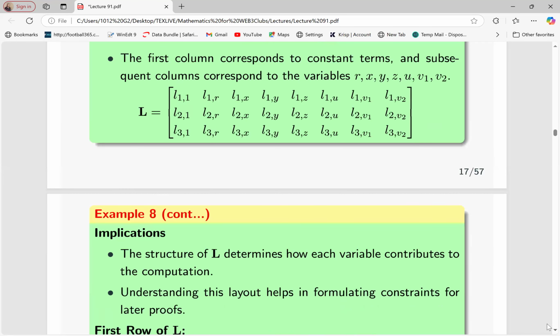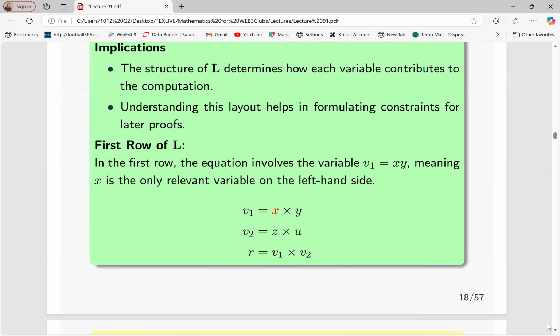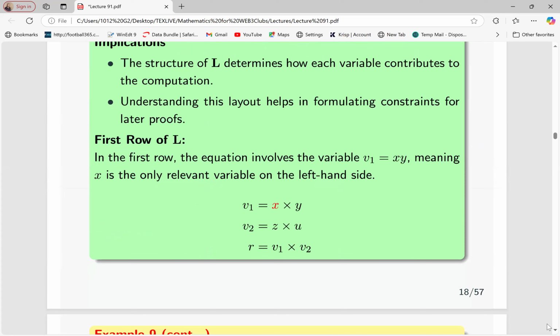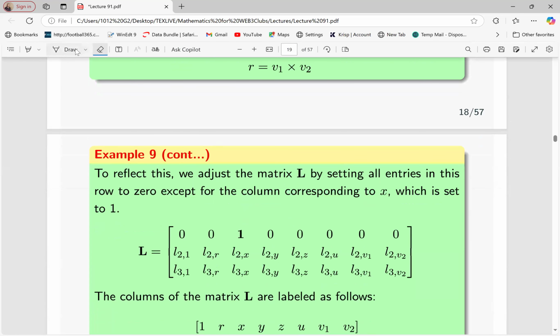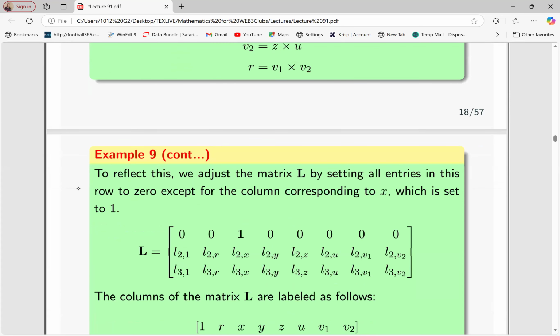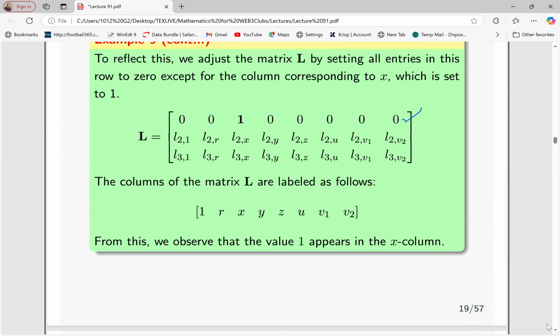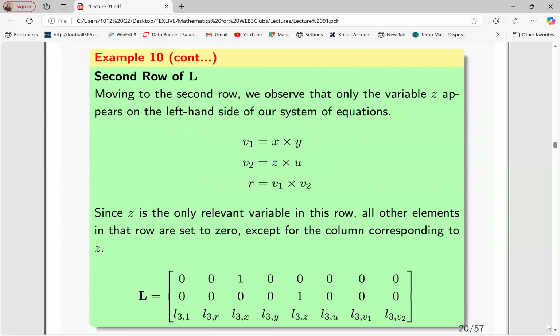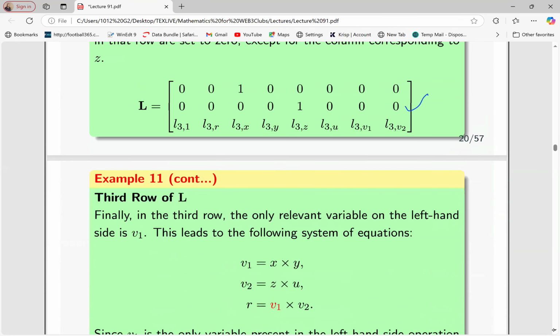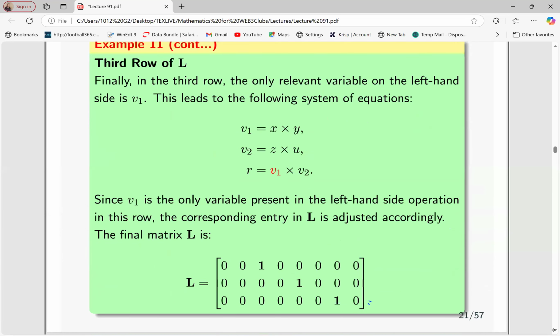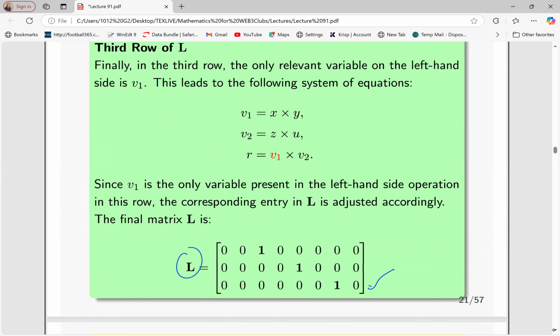I said these were a lot of explanations, but they are just explanations of what is happening. You see how I arrive at the first row, then the second row, and then the third row of our L. I've already summarized it.